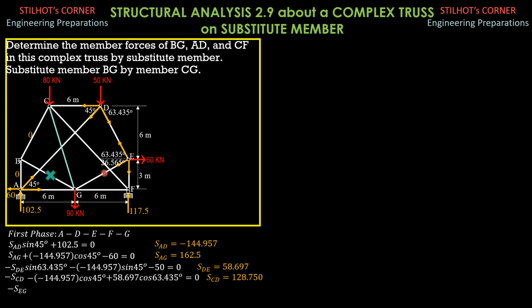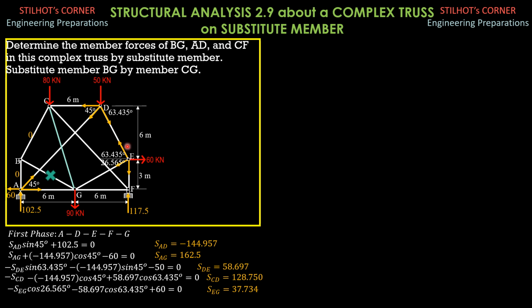So negative SEG cosine of 26.565 degrees rather. Then minus SDE, so minus 58.697 cosine of 63.45 degrees plus 60 equals 0. There is 60. So SEG is equal to 37.734 kilonewtons.